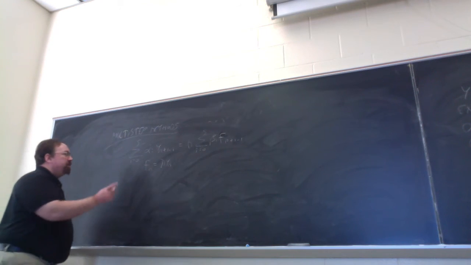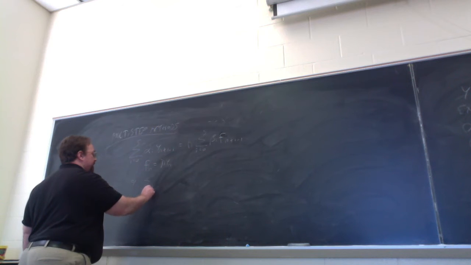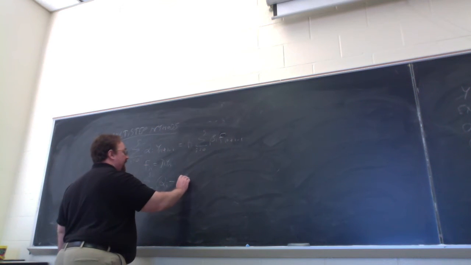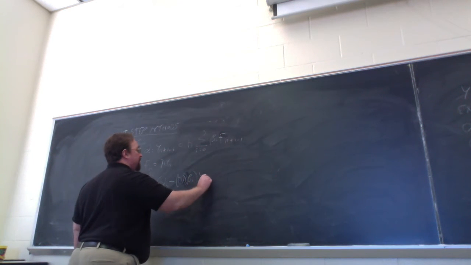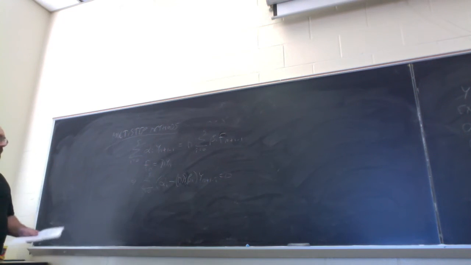So I can rearrange this, and we have a linear combination of y's, where I have alpha_i minus h lambda beta_i times these y values equals 0.